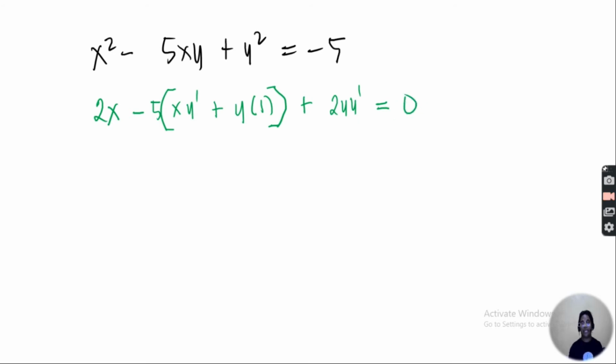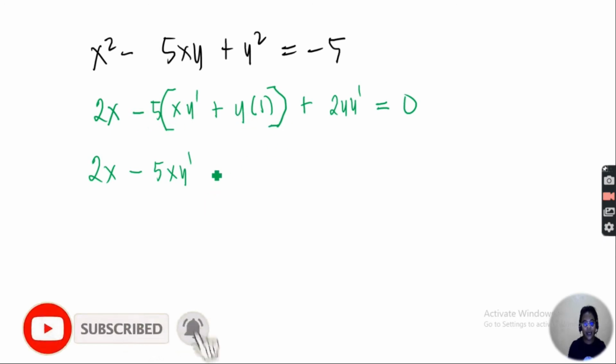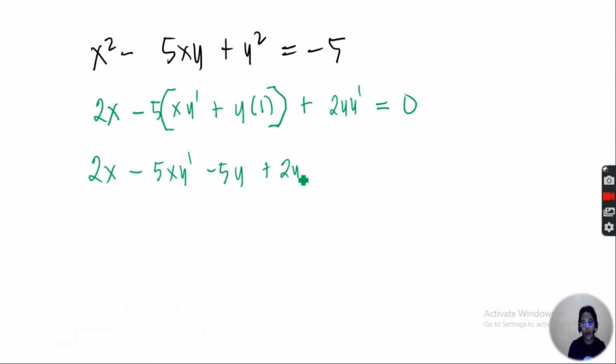So, derivative of negative 5 is 0. So, simplify po natin. We have 2x. Distribute po natin. Magkakaroon tayo ng negative 5xy prime. Negative 5 times y times 1 is negative 5y plus 2y y prime is equal to 0.